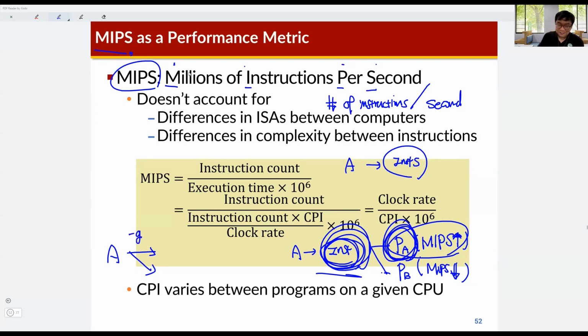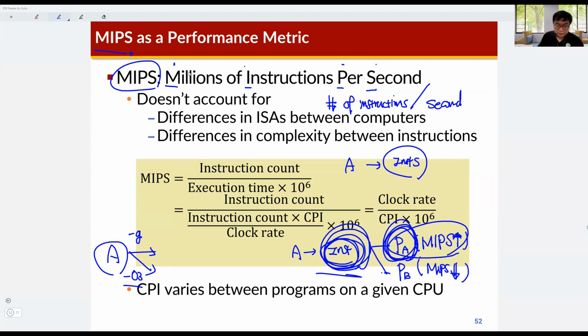Also, the same application A can be compiled with the -O3 option. And I mentioned that the O3 option means stronger optimization techniques will be applied.